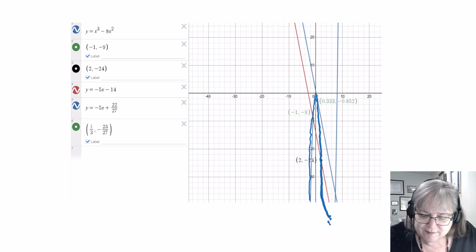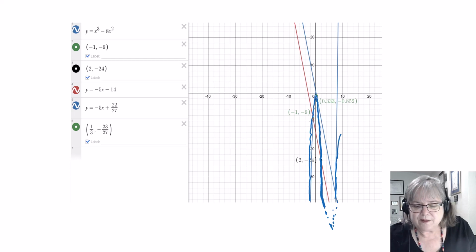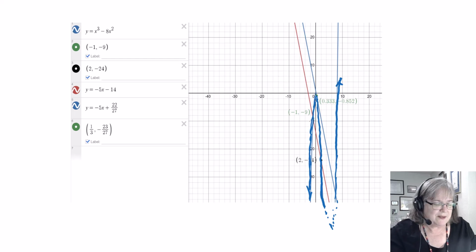Way down there. Somewhere. Okay, this is the actual main curve, because there's a lot of blue going on there. All right, and here's your tangent and your secant line going through those points. So see how they're parallel? That makes me feel better.